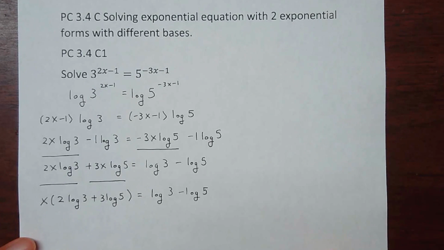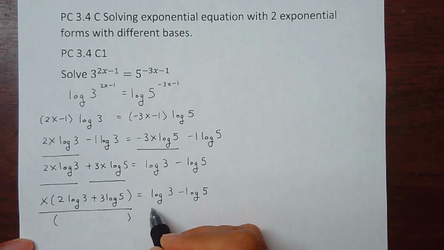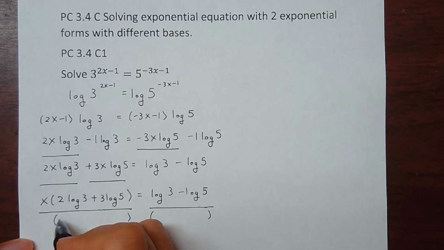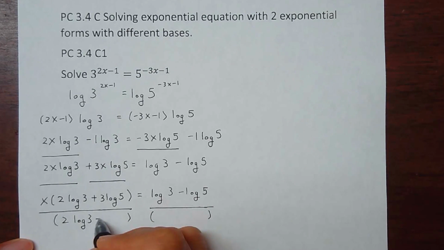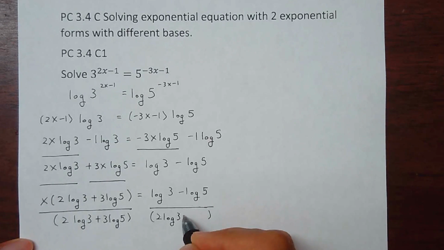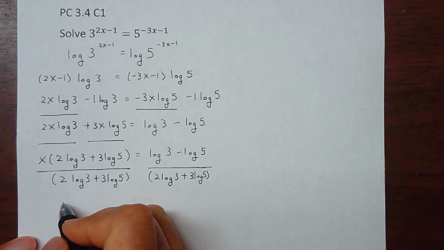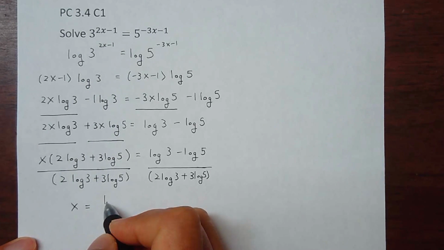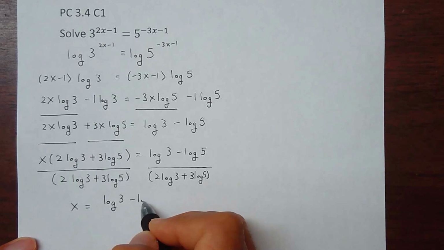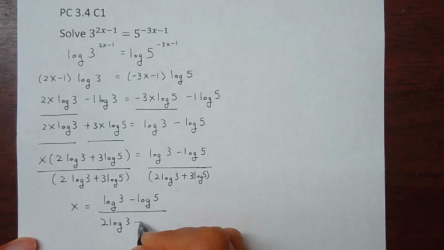All you have to do is solve for x, meaning divide by this parenthesis expression on both sides: 2 log 3 plus 3 log 5. So x equals log 3 minus log 5 all over 2 log 3 plus 3 log 5 will be your answer.